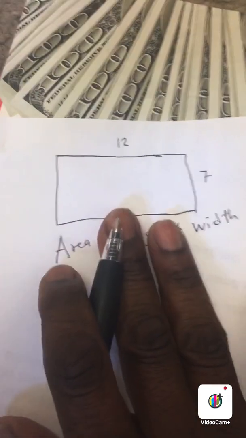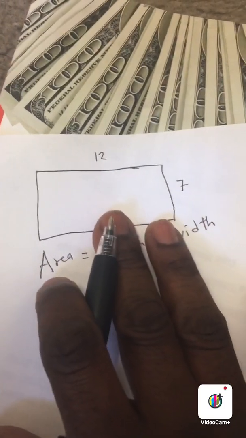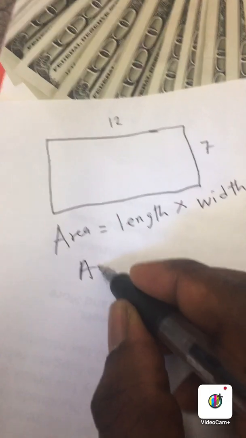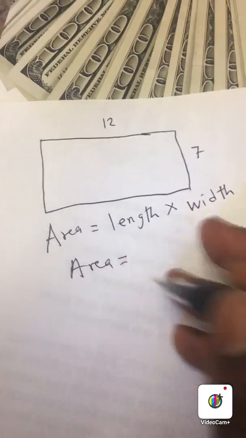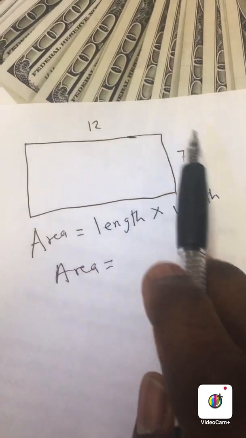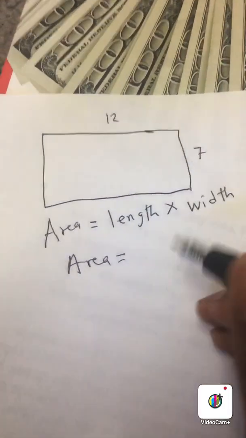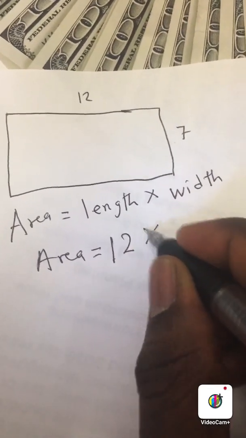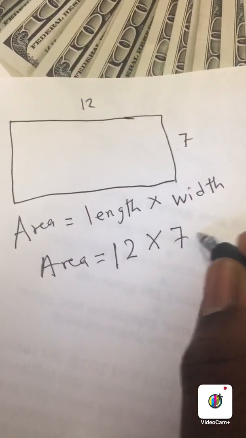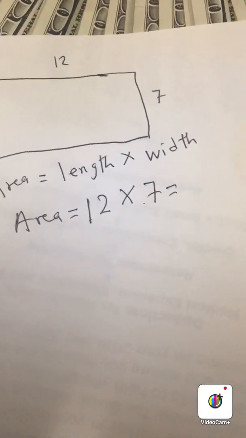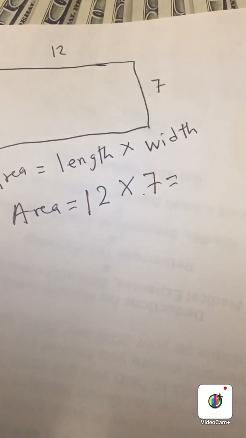So for this rectangle here, the area will be, now this is the length right here, and this is the width right here. So it's gonna be 12 times 7. So when you multiply this 12 and 7, you are going to get the area of this rectangle.